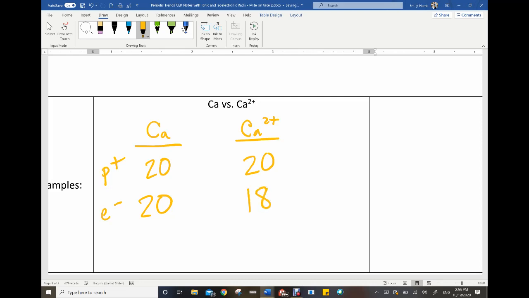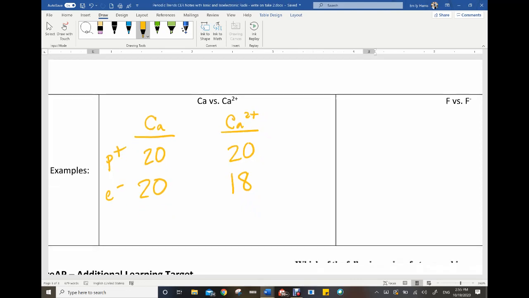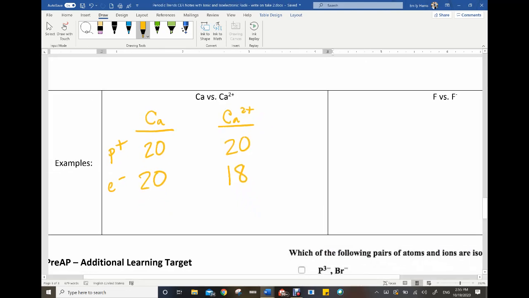So instead of 20 electrons, you only have 18. This reasoning is based on the relative differences between the numbers of electrons per the numbers of protons. What we see with this cation is that you have fewer electrons per the same number of protons.